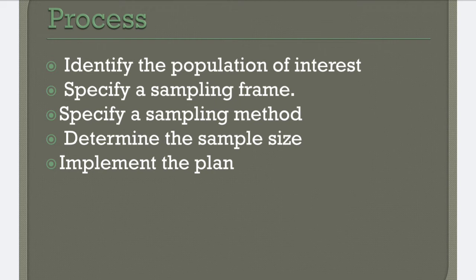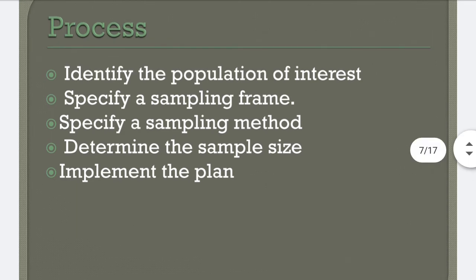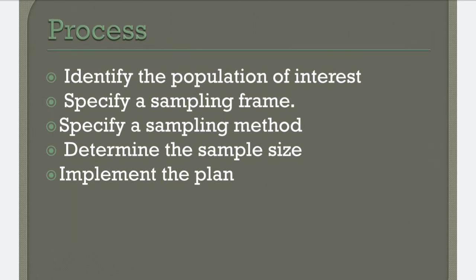In general terms, a larger sample is better, but it also requires more time and effort to manage. And the fifth one is to implement the plan. Once you know your population, sampling frame, sampling method and sample size, you can use all that information to choose your sample.